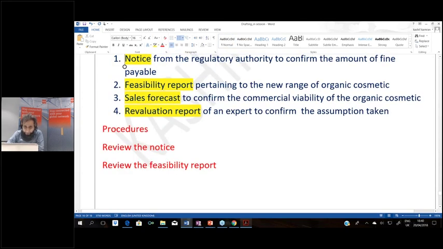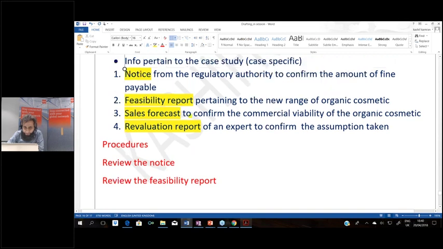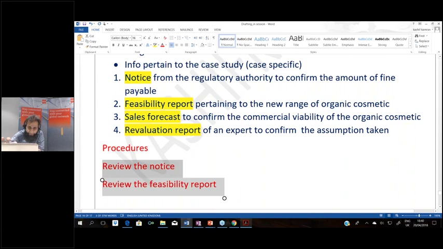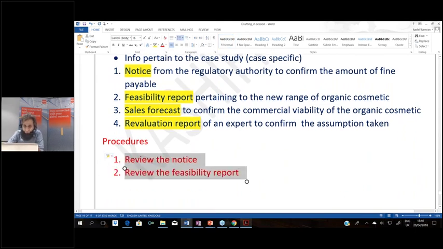So if I'm making an information, I start with the information, right? But if I'm making a procedure, see, I'm making the same list now, but I'm making them into procedures. Review the sales forecast, right? Review the revaluation report.